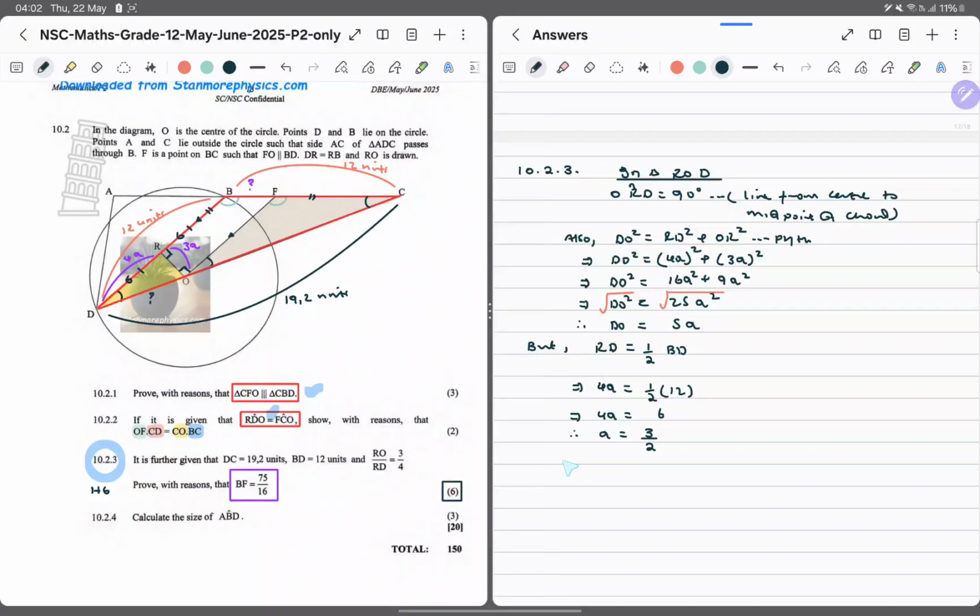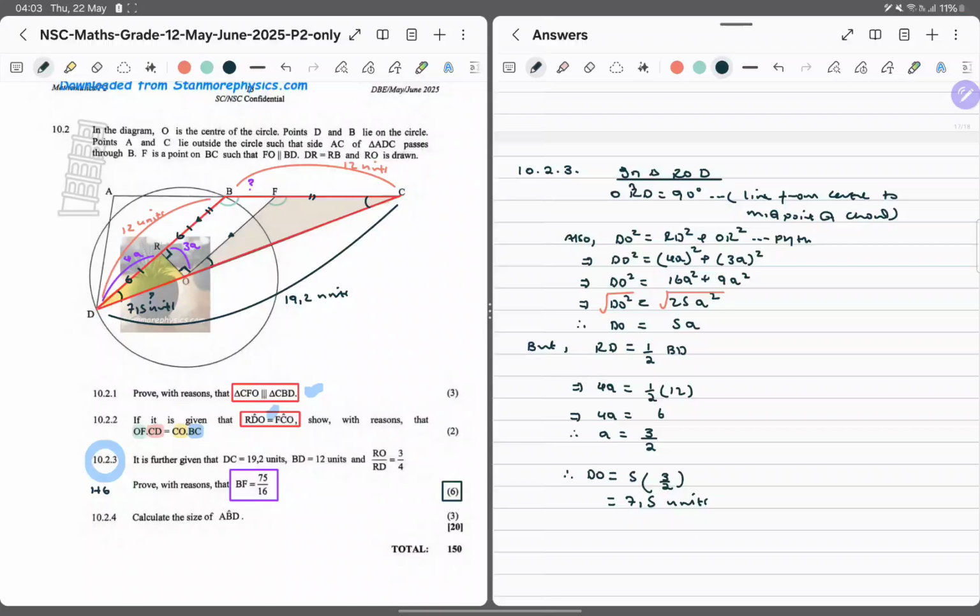So what are we trying to say? We are going to make a conclusion that DO is 5 times 3 over 2, which is 15 divided by 2, that's 7,5 units. So we know that this becomes 7,5 units from the workings.